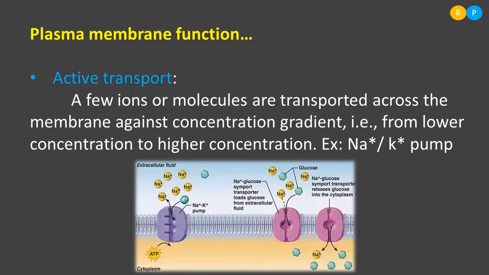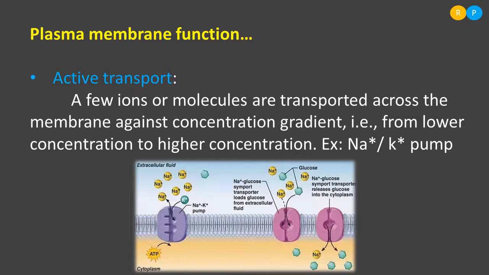These are the few transports taking place across the plasma membrane. They facilitate the movement of different kinds of molecules. Solid, liquid and gaseous particles easily cross the membrane by these transports. Some molecules utilize protein channels in order to cross the membrane.